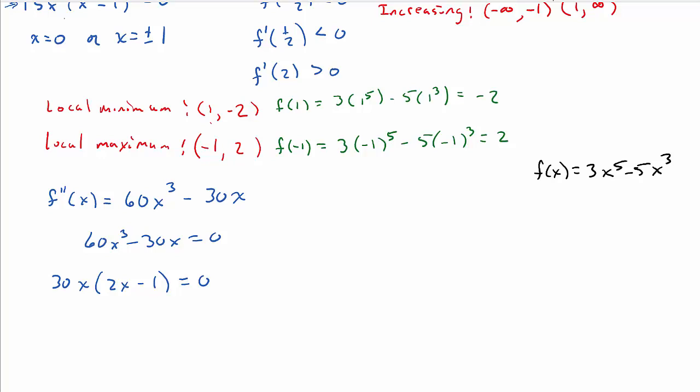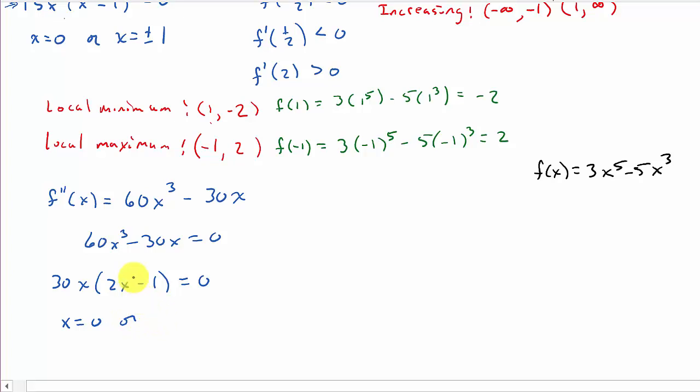All right, so this is going to give me x equals 0, or, I'm sorry, that should be 2x squared. Or that's going to give me x squared equals 1/2. So x equals plus or minus square root of 2 over 2. Okay. All right, so that's kind of nasty there, but it'll be okay.